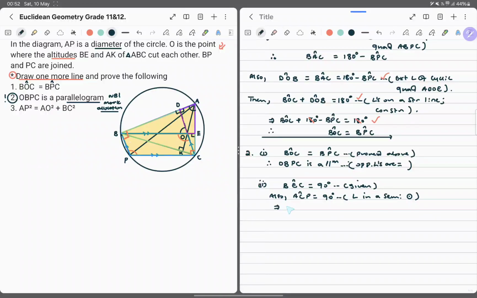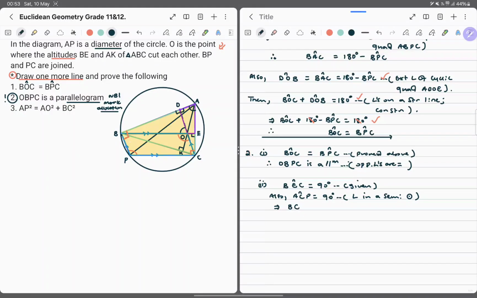So this implies that BOE is parallel to PC. Did I say that? No, it's not true. Let's not rush things here. What do we want to say?